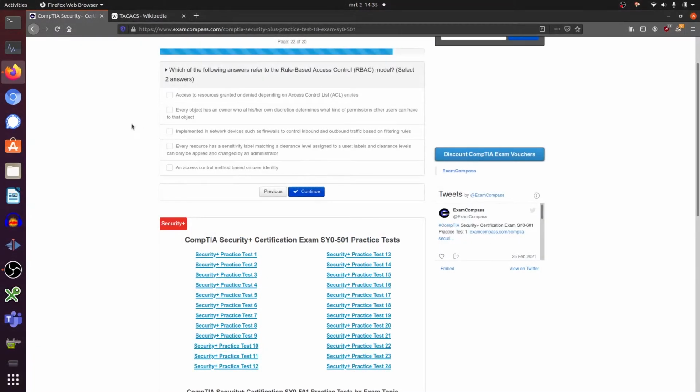Continue. Which of the following answers refers to a rule-based access control model? So the R stands for rule-based access control model. Two answers. Access to resources granted, denied, yes. And it can be implemented in network devices, yes. Basically what I just said. Implemented in network devices such as firewalls to control inbound or outbound traffic based on filtering rules.